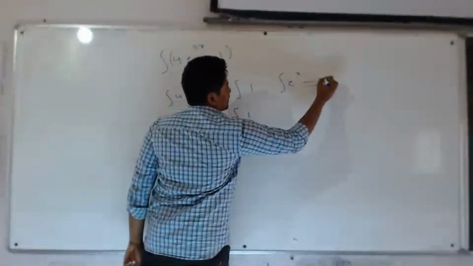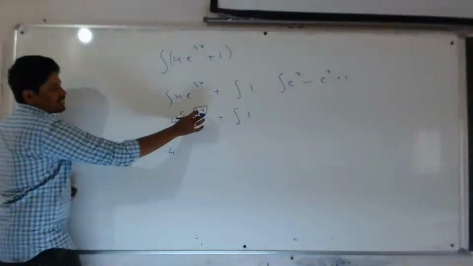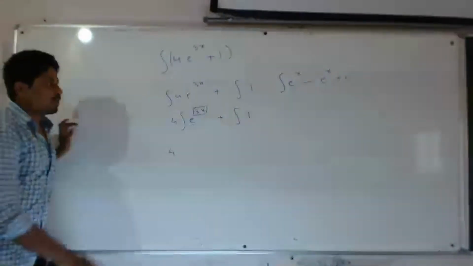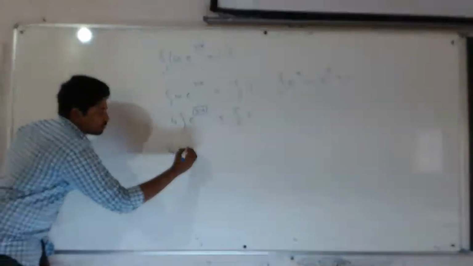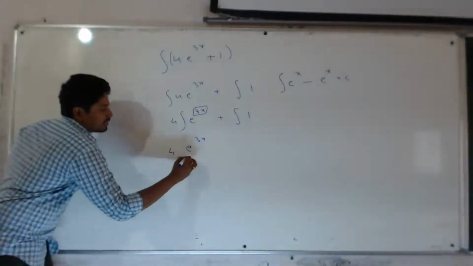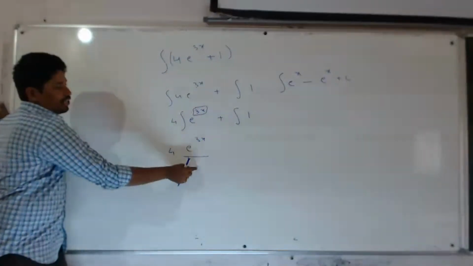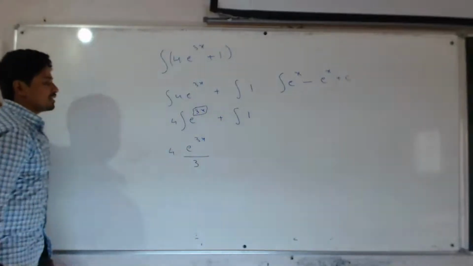It is e power x only. But don't forget that the x coefficient will come in the denominator. What is the x coefficient here? 3. Here 3 will come in the denominator.